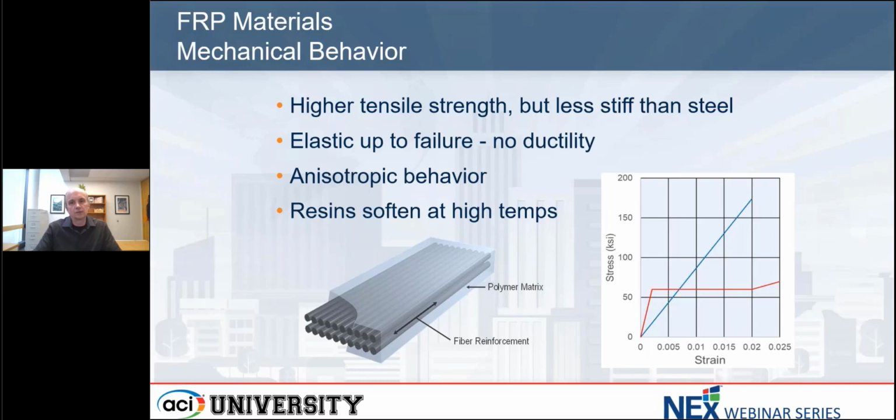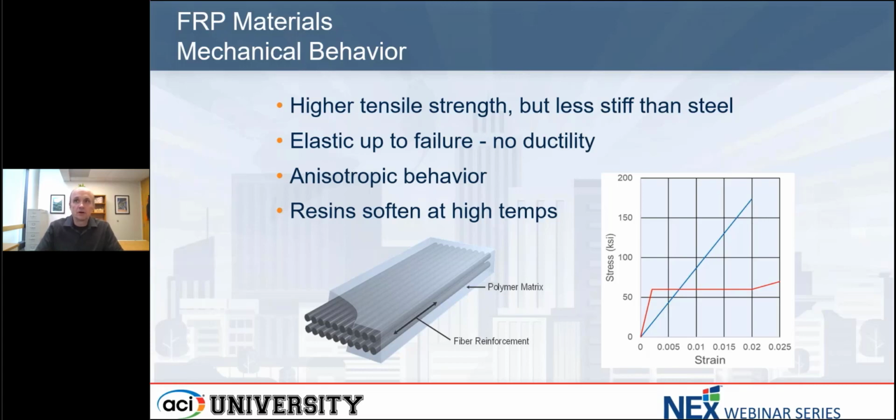They take load and they take load and they take load, and then suddenly, without really any warning of failure, they suddenly rupture. So you can see that illustrated in the graph down on the lower right. In that graph, the blue line is the behavior of a typical GFRP reinforcing bar, and the red line is the behavior of a typical steel reinforcing bar.